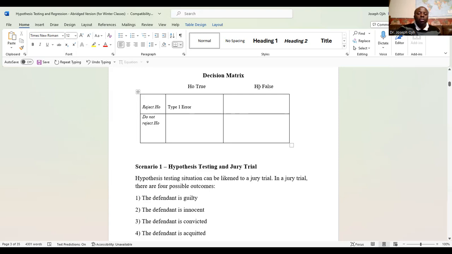But if H0 is false and we reject it, you can see reject H0, we have made a correct decision. Now, if H0 is true and we do not reject it, that means we made a correct decision. And if H0 is false and we did not reject it, we committed a type 2 error.